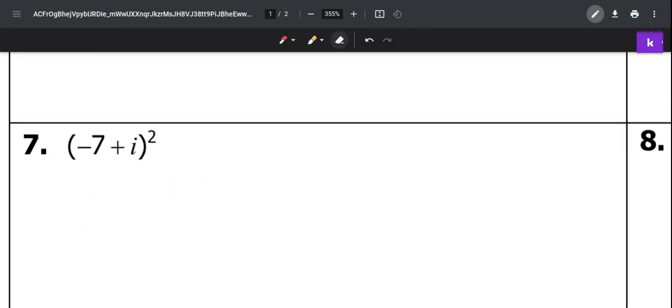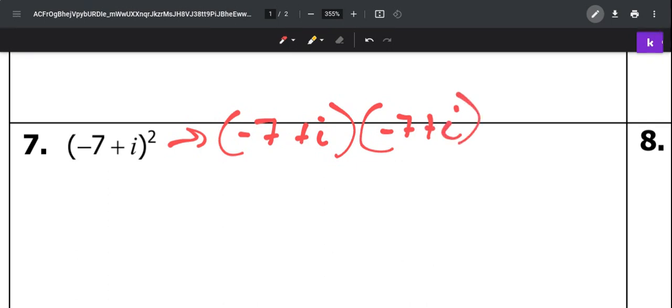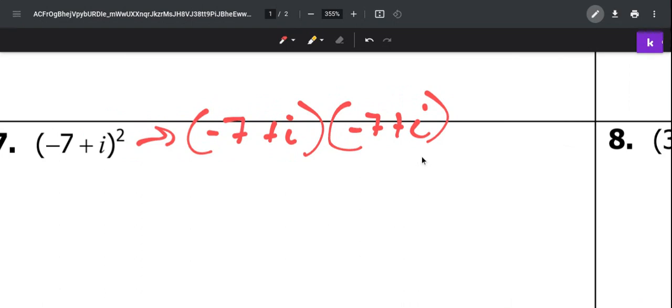So what you have to do is actually use this as -7 plus i times -7 plus i. You have to actually repeat the parentheses and multiply them, which means we FOIL it, or there's a trick we can use. It's really up to you if you want to use it or not. I'll show you both ways.